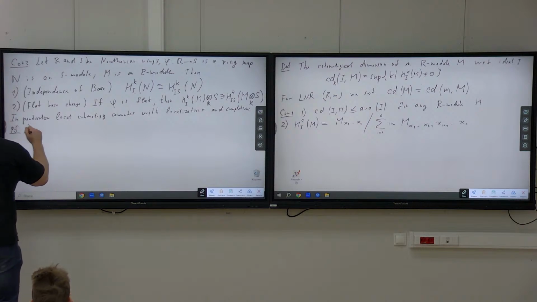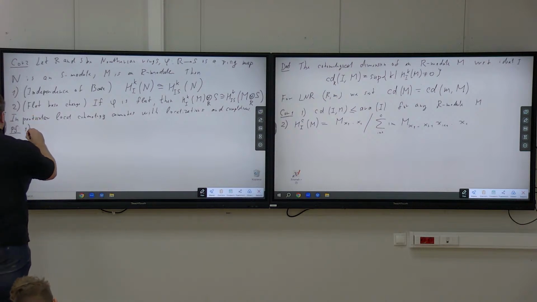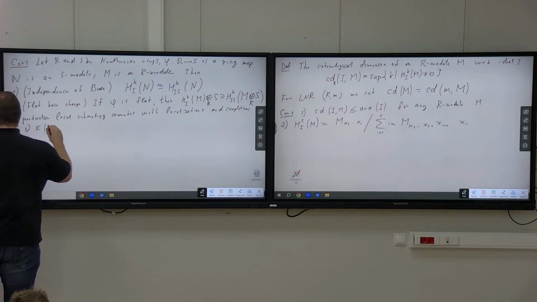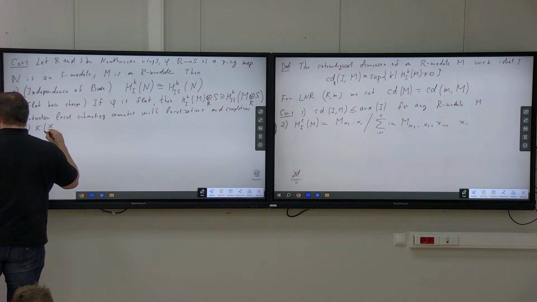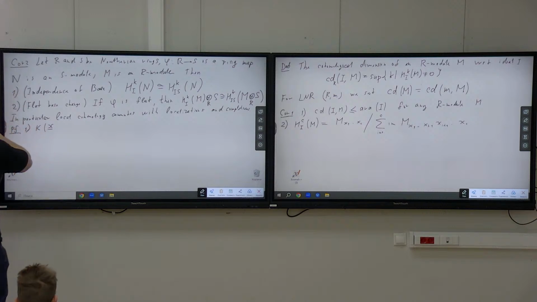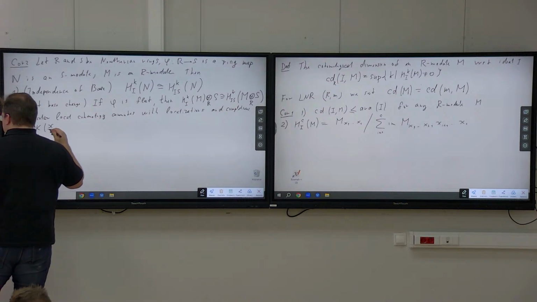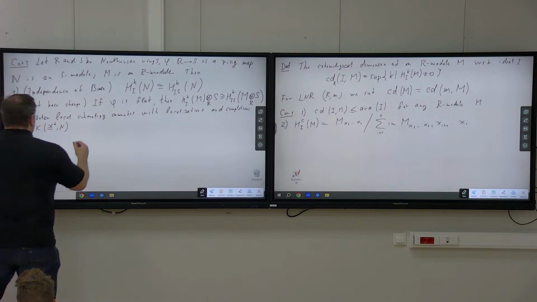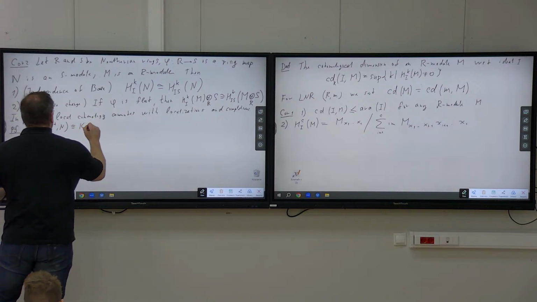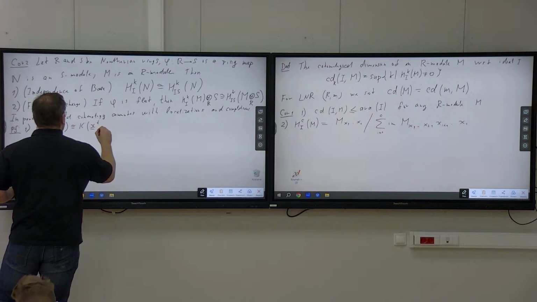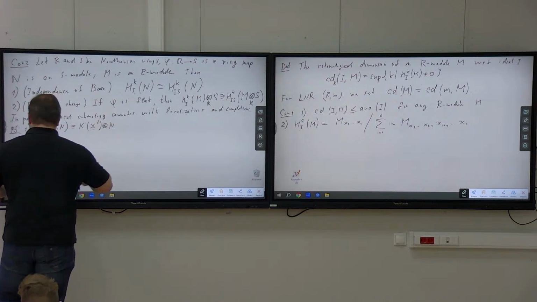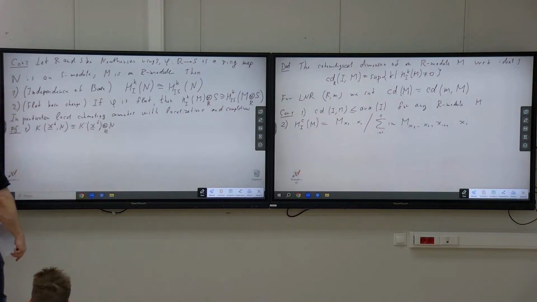For the first part, we'll look at the stabilized Koszul complex. Maybe not stabilized. Yeah, let's do this in the non-stabilized version, with the differentials in N. Well, we know that, and then just take a look if you prove this for the non-stabilized version. So then we can present it like this.